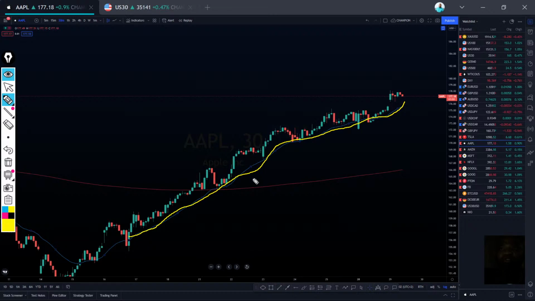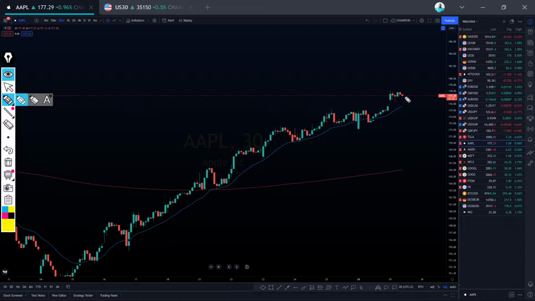I'll prepare next time. So you can see that our 21 EMA acts as our support zone. Every time it comes closer to the price, we expect it to push towards the upside. Another thing I wanted you to understand is this 200 MA. Let me push to the bigger time frame so that you can see what I'm talking about.